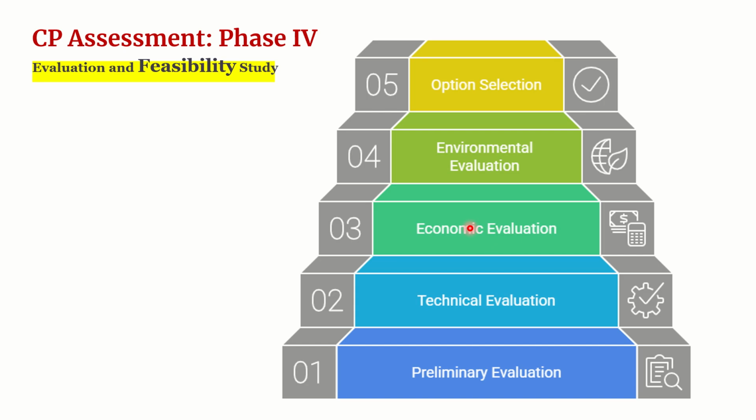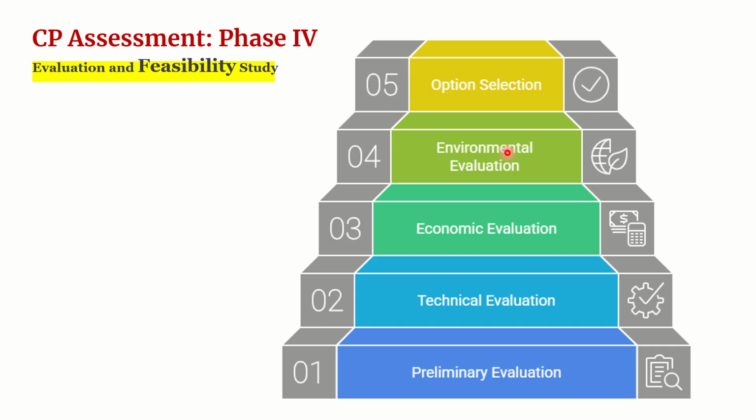So conduct the cost benefit analysis, considering capital investment, operational savings, and also potential revenue from the recovered materials. So use metrics like a payback period, etc. Then environmental evaluation. Assess the environmental impact reduction, like for example, reduced emission of carbon dioxide or any other toxic effluents, and how much resource depletion.